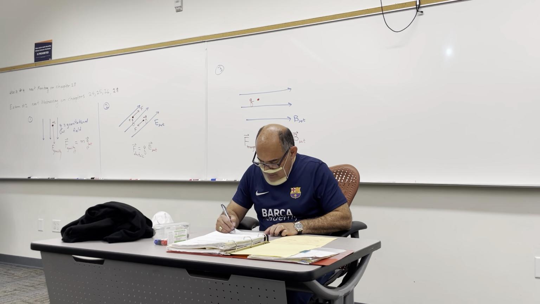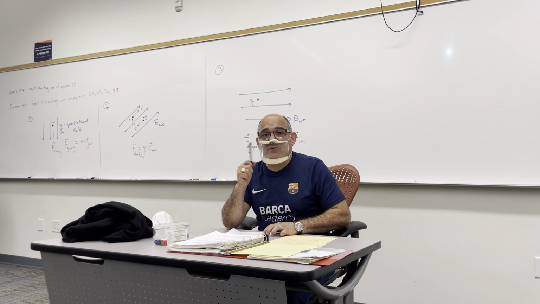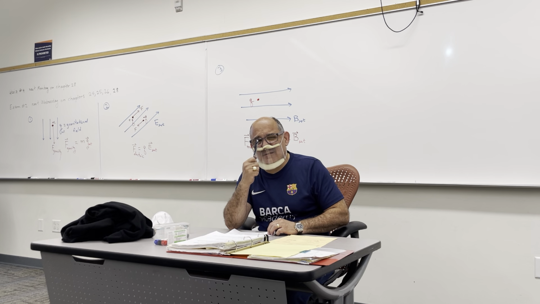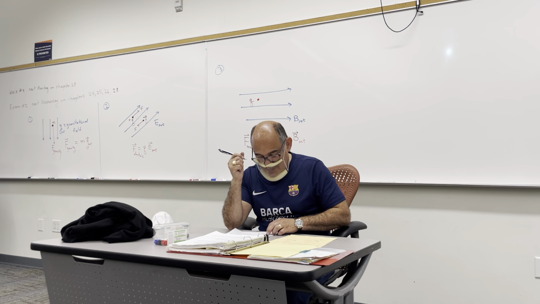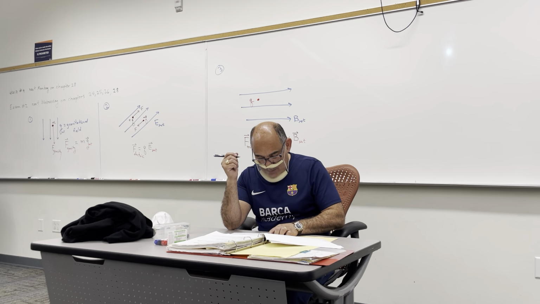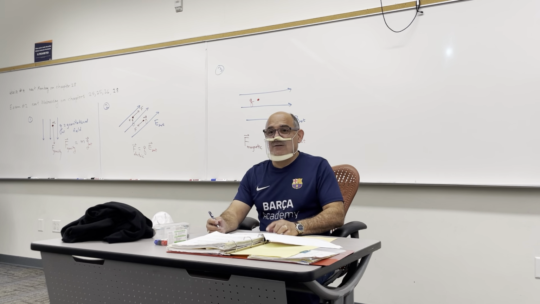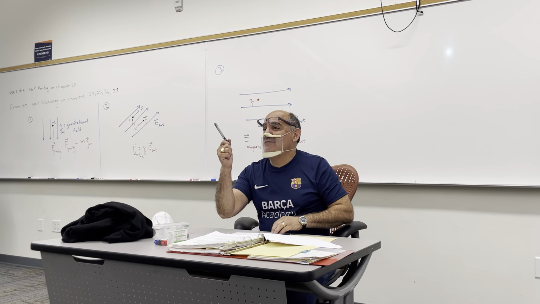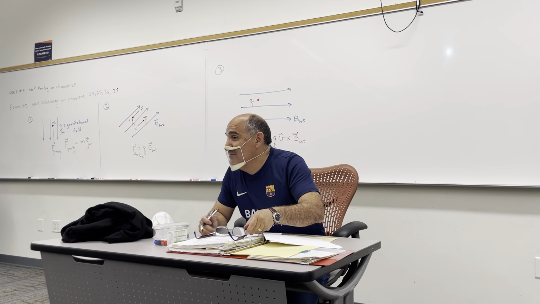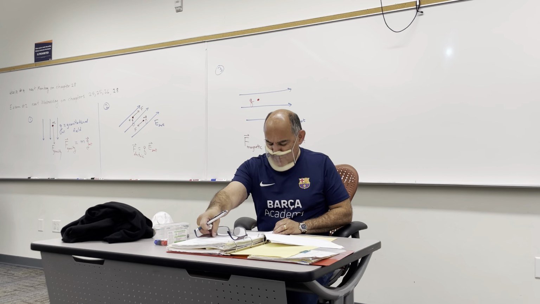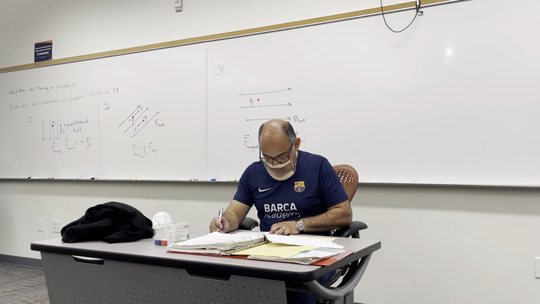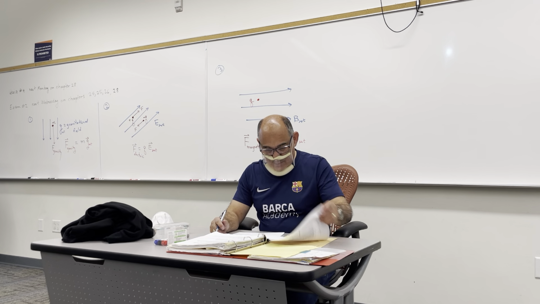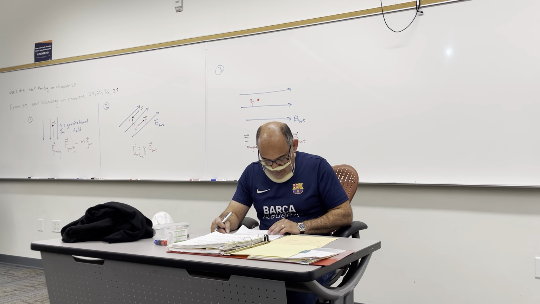What do you guys say? Jose? Also, moving parallel, right? Because it's a cross product. So sine of 0 is 0, and sine of pi, or 180, is 0. All right.